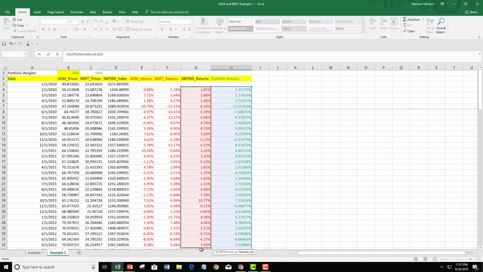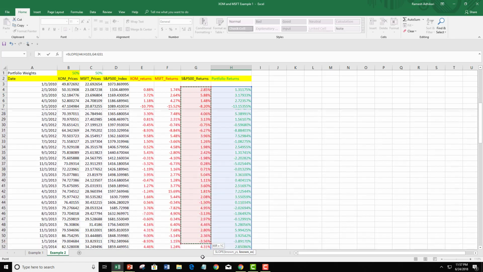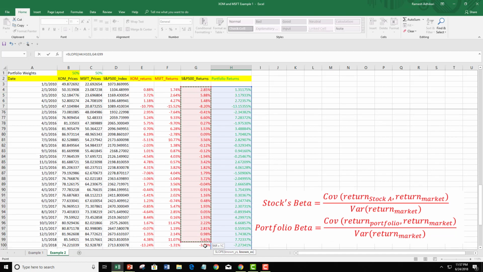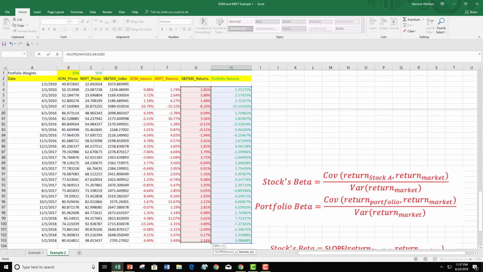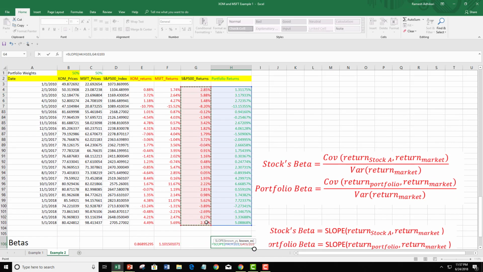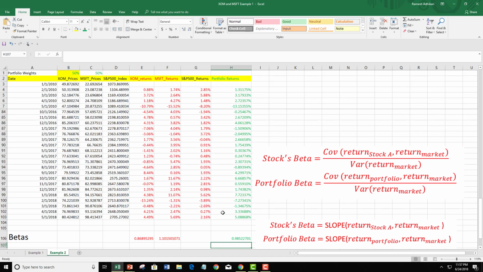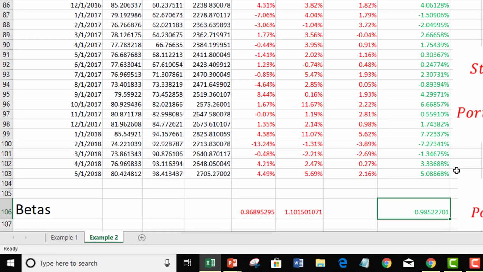So if you do this, it gives us the portfolio beta. All right, so let's look at here. So the portfolio beta is 0.98, XOM beta is 0.86, whereas the Microsoft beta is 1.1.